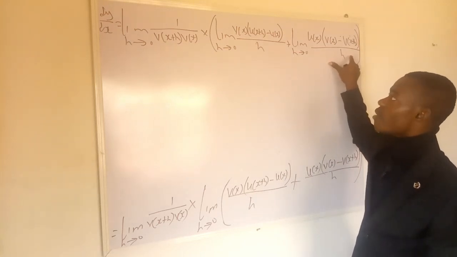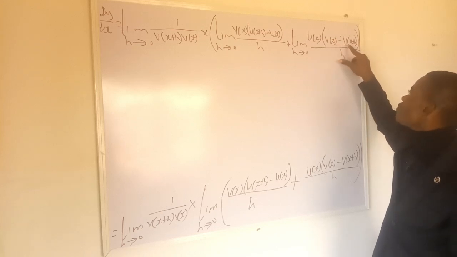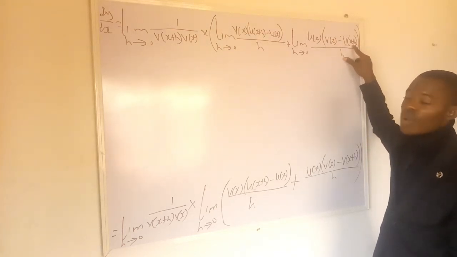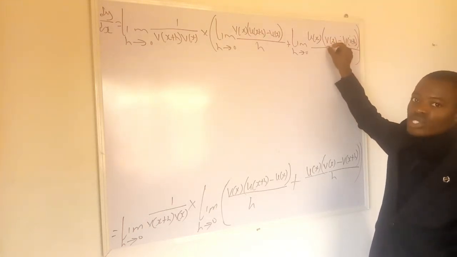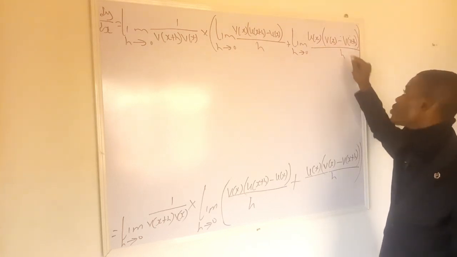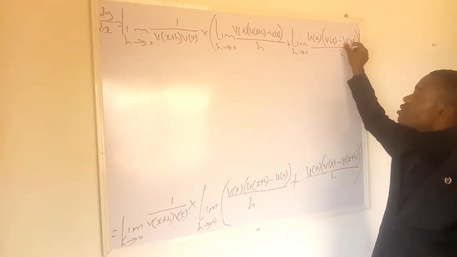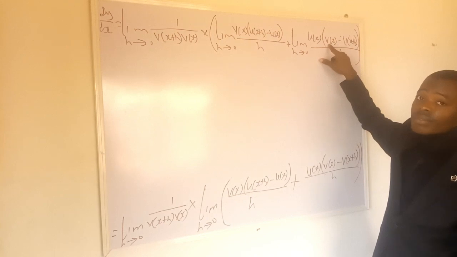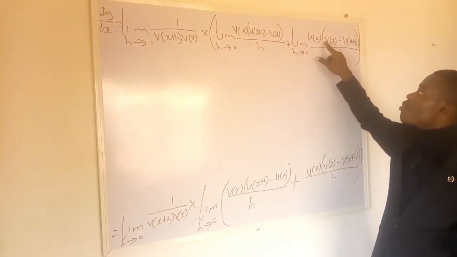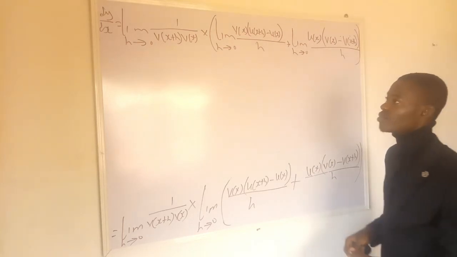Good. Now, before we plug in what h is approaching, which is 0, let's focus more on this term. As you can see, it is v of x minus v of x plus h. So now what if we want it to be v of x plus h minus v of x? If we want to do that, what we're going to consider doing is to factor out a negative sign. You understand? Because it's positive before, when we take the negative sign out of it, we have a negative left over there.